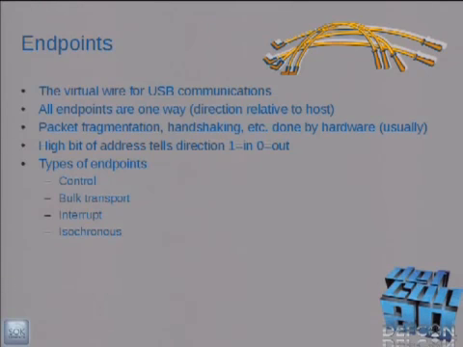So sometimes things might seem a little backwards when you're dealing with USB. You might think, but wait, I'm sending stuff out. No, you're sending stuff in to the host. Right? Fortunately, a lot of the things like packet fragmentation, handshaking, and all that is done in hardware. You can get specialized controller chips to do this.